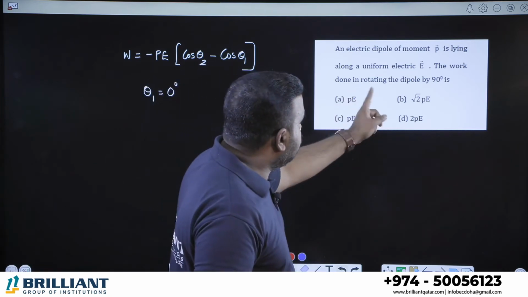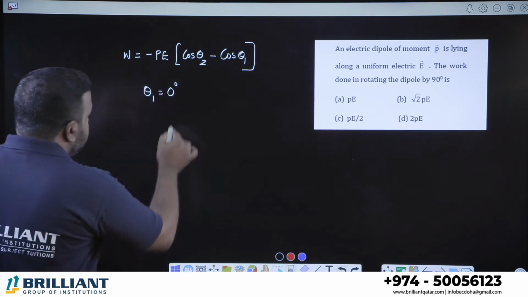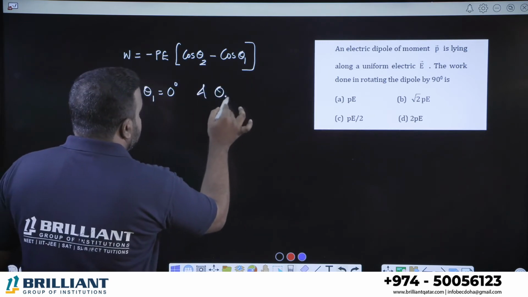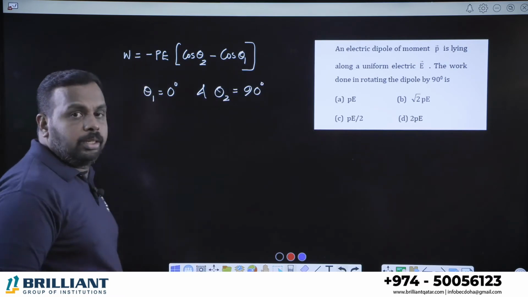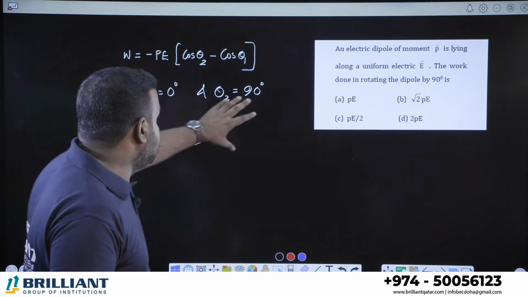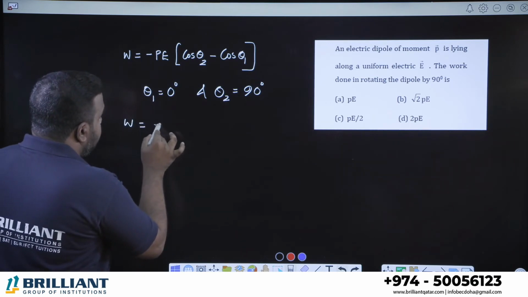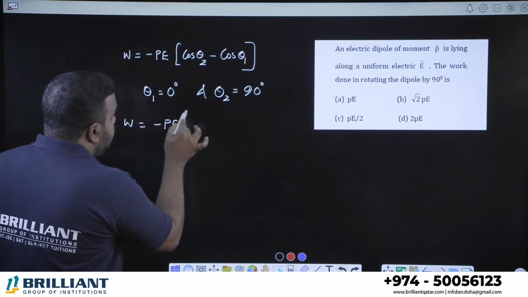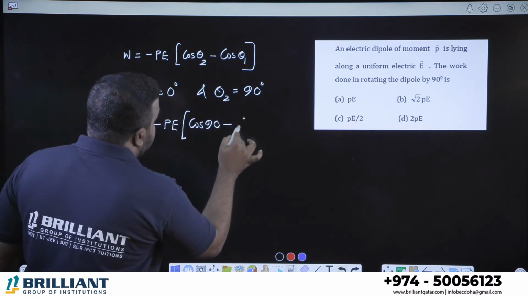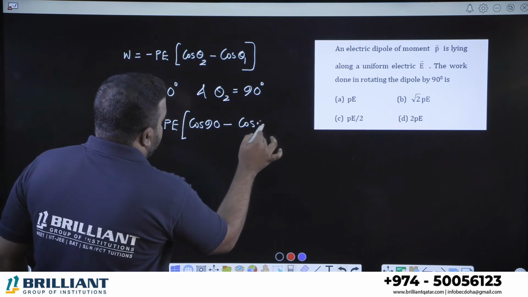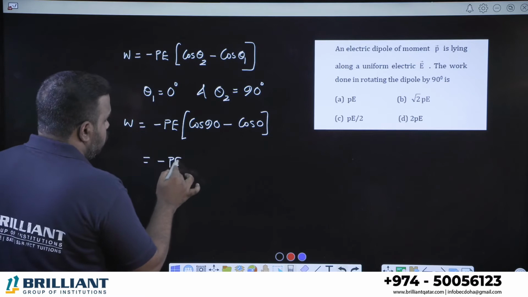And then the work done in rotating the dipole by 90 degree. Now it is rotating through 90. So theta 2 value will be 90. So starting from 0 and ending at 90. Now you can just substitute these values in this equation and get the answer. So W is equal to minus PE into cos theta 2, cos 90, minus cos theta 1, cos 0.